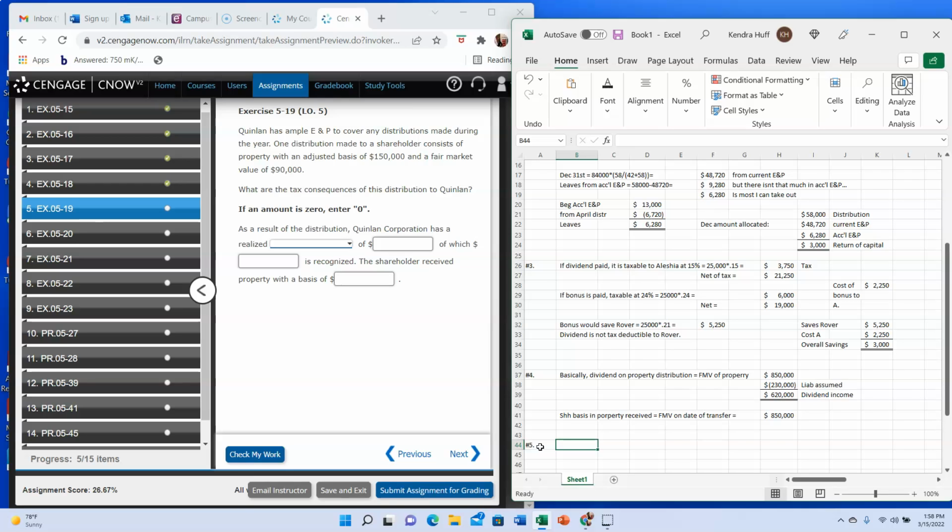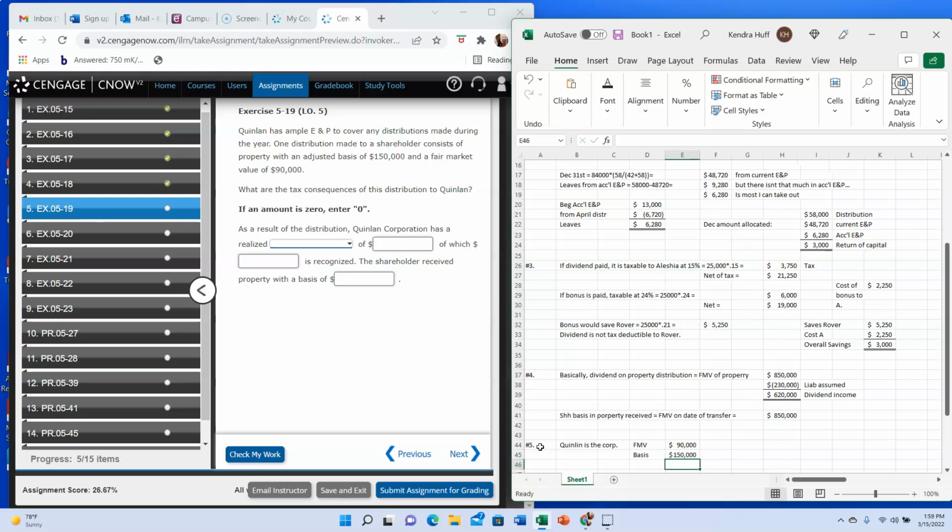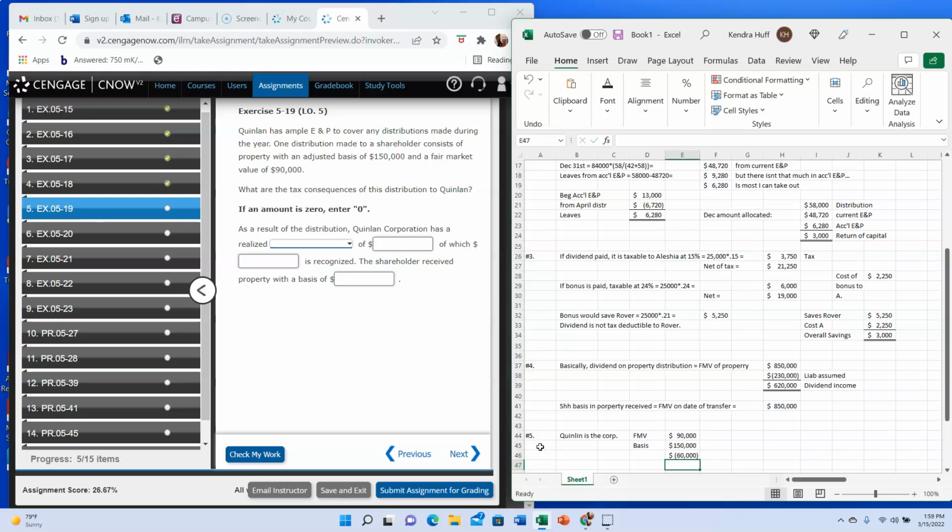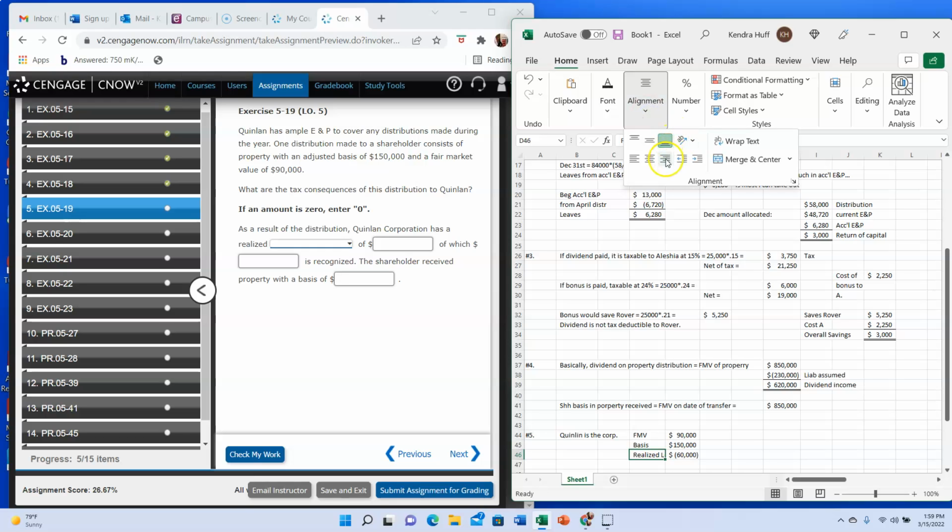Okay, so Quinlan is the corp. Nice to keep that straight in your head. So basically they have a fair market value of 90, a basis of 150. If you subtract those two, this is a realized loss. All right, but they don't get to deduct the loss.